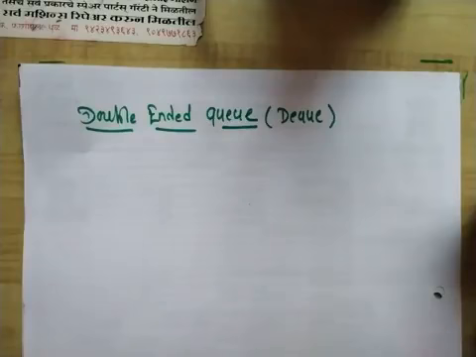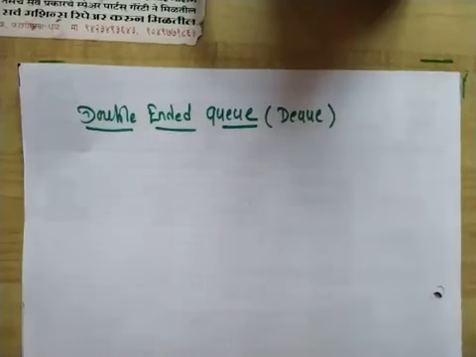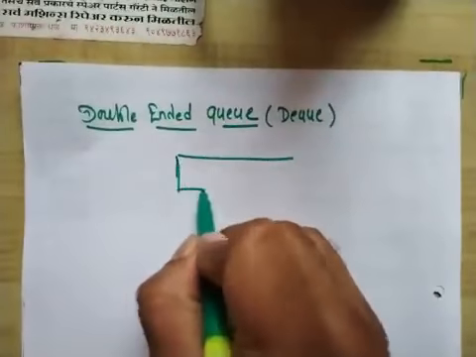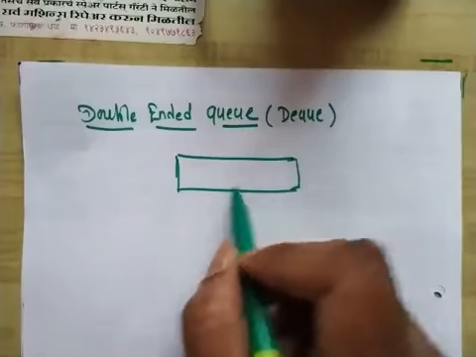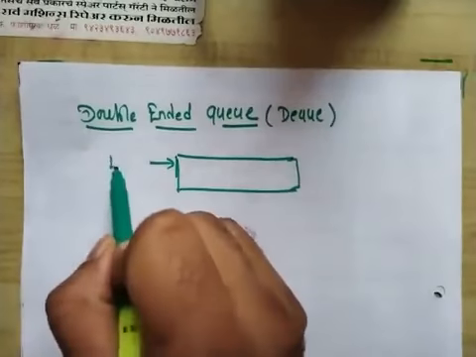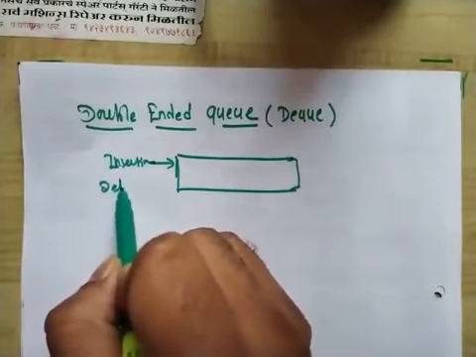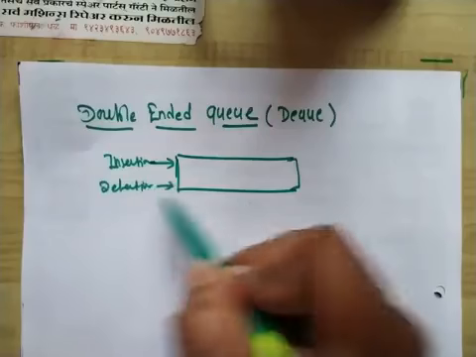Okay, where in double-ended queue we can perform insertion and deletion from both ends.